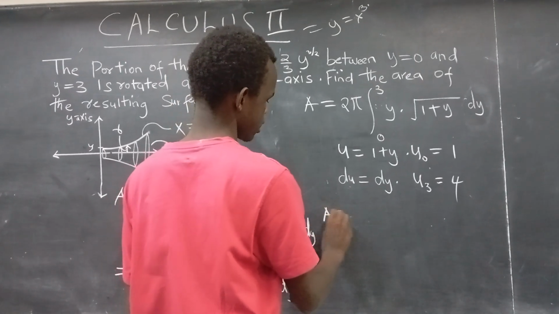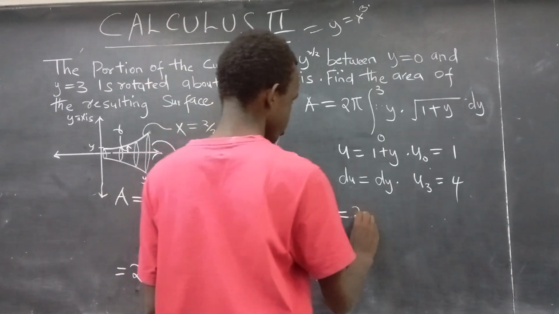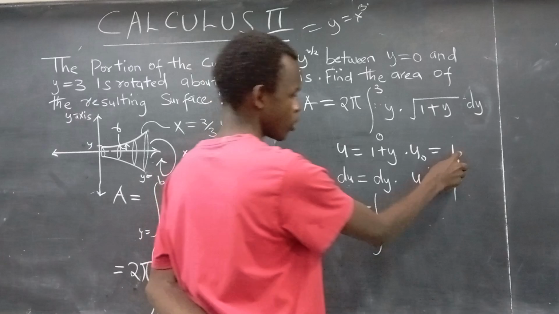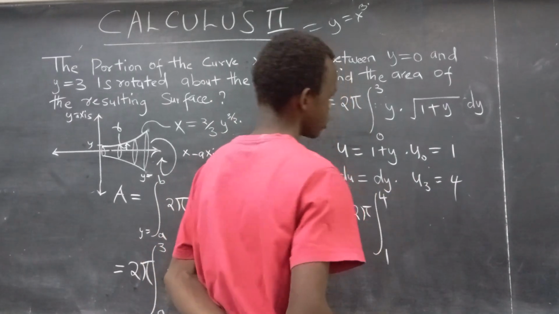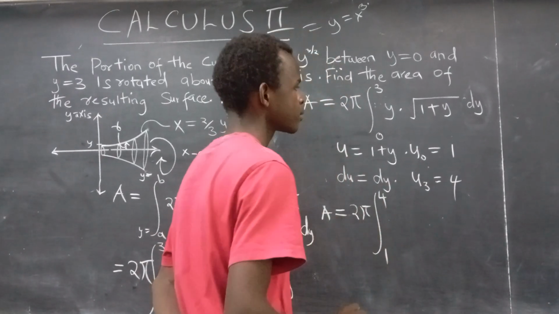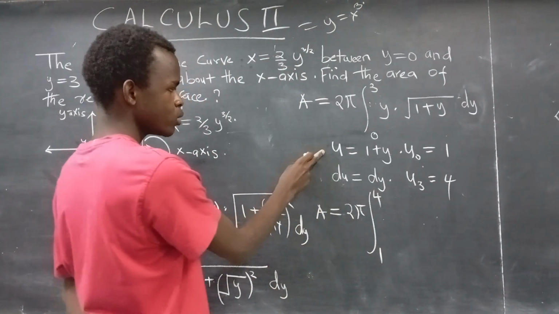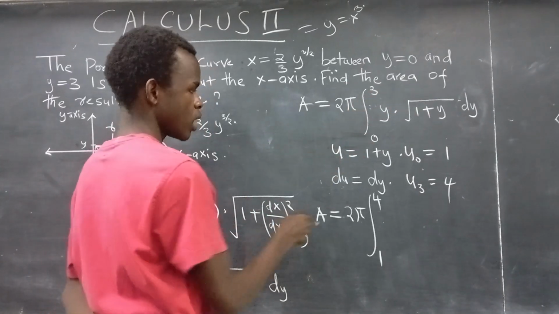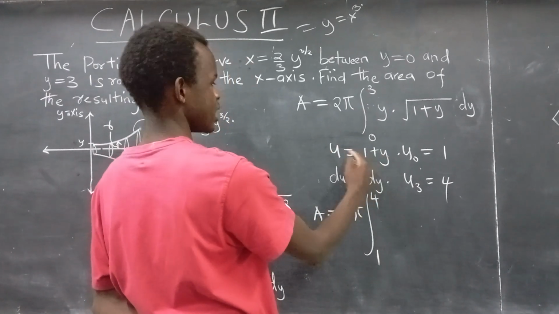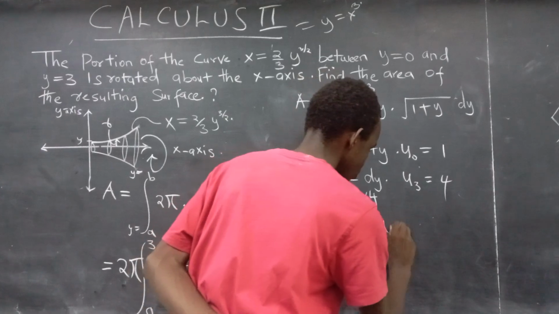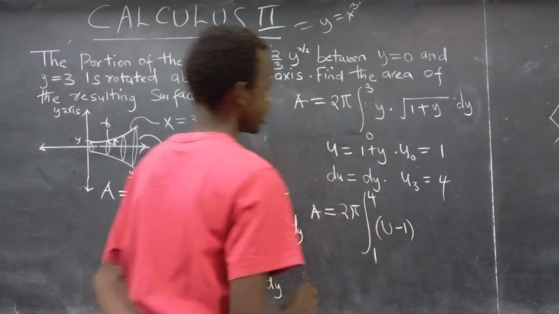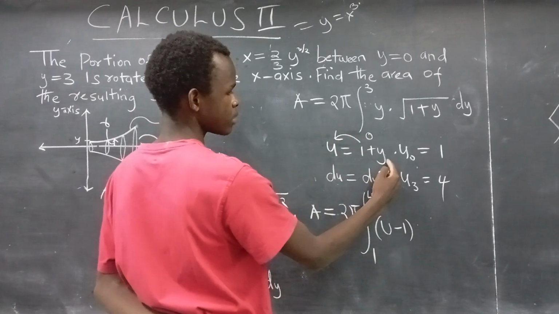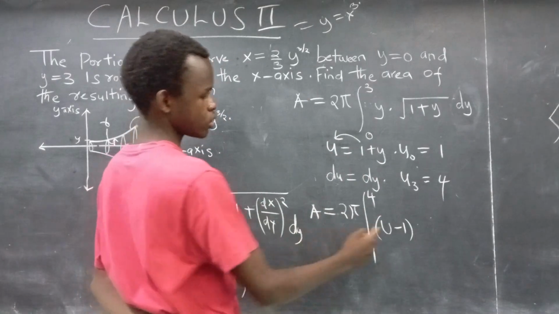So I'll get my area to be 2 pi, the integral, from now I've changed my bounds from 1 to 4, of y, but we said our u is this expression, so what's our y in terms of u? Our y in terms of u is u minus 1. Remember from here, taking 1 to the other side, I get my y as u minus 1. So this is the value of y.